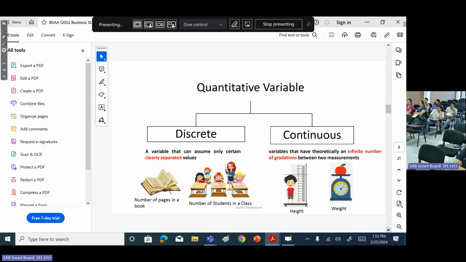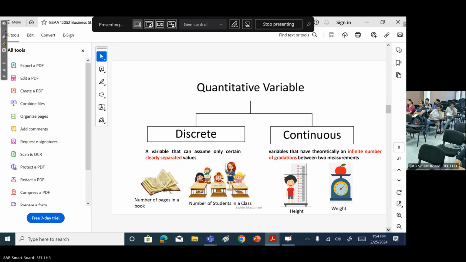Continuous means variables that have theoretically an infinite number of gradations between two measurements. Weight is a variable that can be measured numerically, therefore it is a quantitative variable. Someone says 40 kilos, someone says 40.5 kilos, someone says 42.3 kilos.